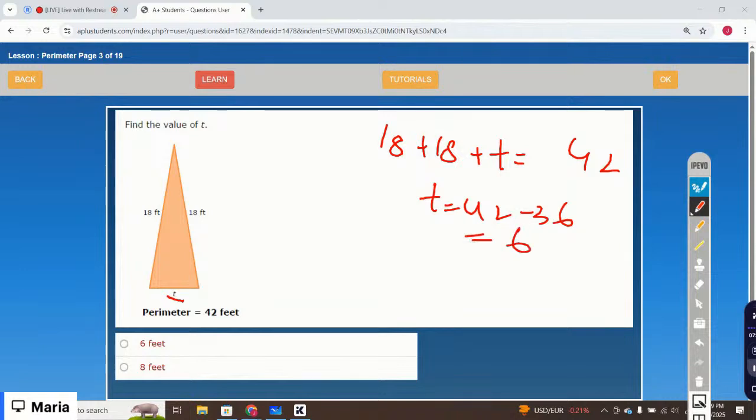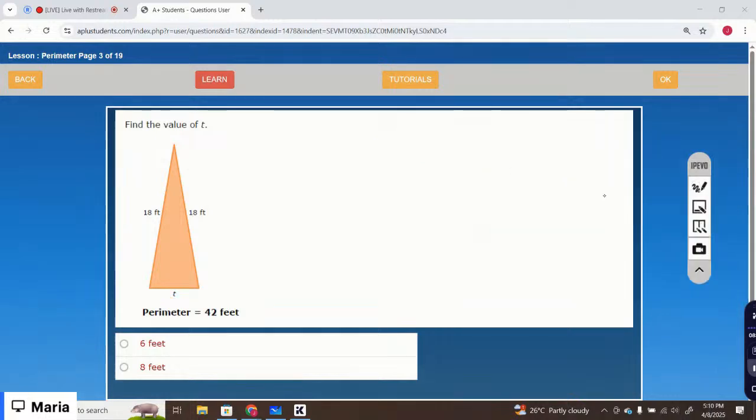Option number 1 is the correct option. That is 6 feet.